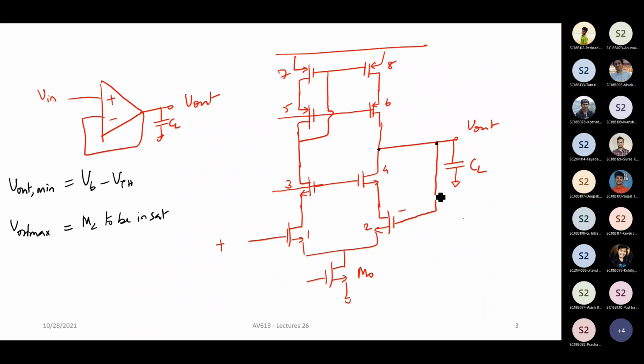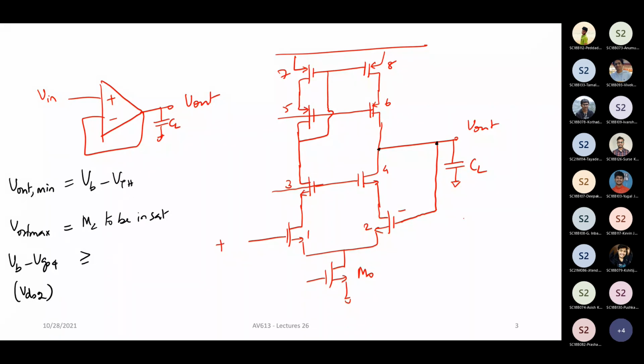For V out max, if you keep increasing V out, this gate voltage keeps increasing, right? And there is a possibility that this transistor can very well go out of saturation. So for M2 to be in saturation, VDS has to be greater than VGS of your M2. What is the VDS of M2? It is VB minus VGS4. This VDS of 2 should be greater than or equal to VGS of 2, right?